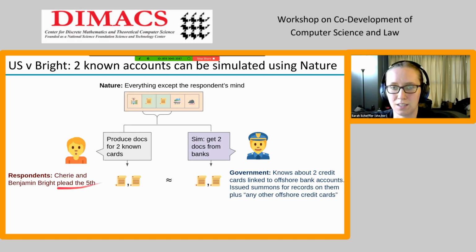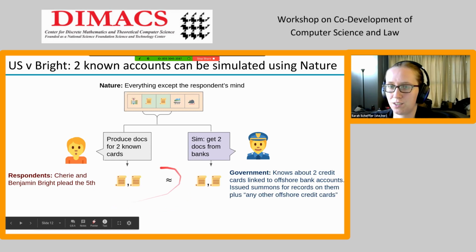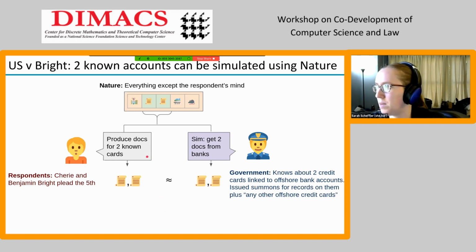So if you had just made a compelled action request for the 2 known accounts, the government can simulate that by getting the documents directly from nature. And we know that they must be in nature because any setting where they're not was disallowed by the evidence.